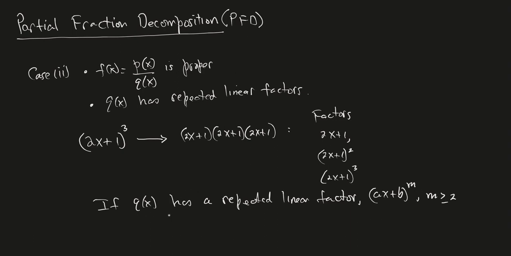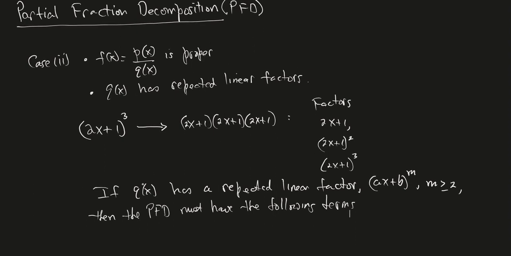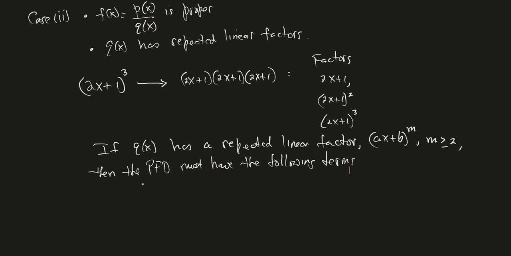If our denominator has such a factor, then the partial fraction decomposition must have the following terms. So what should we include? How could we break that big fraction down to smaller fractions? Well, the smaller fractions must look like this.